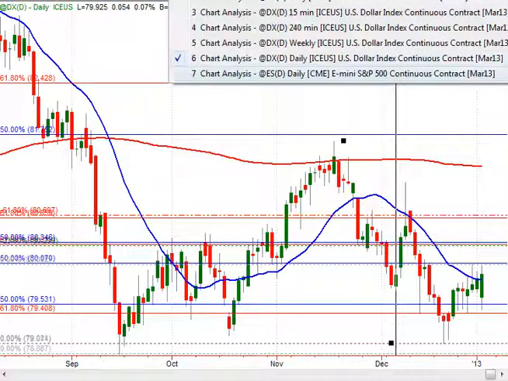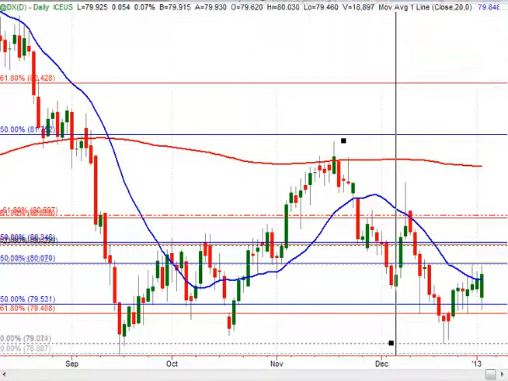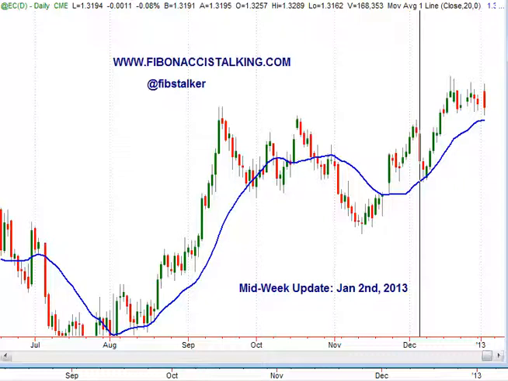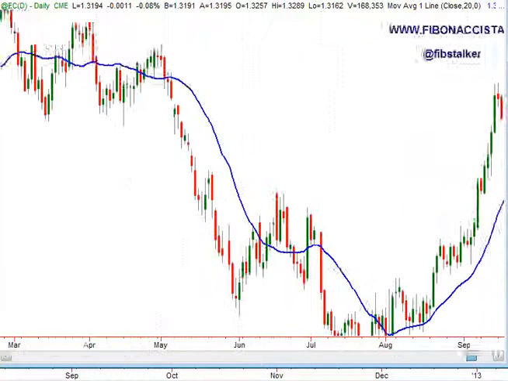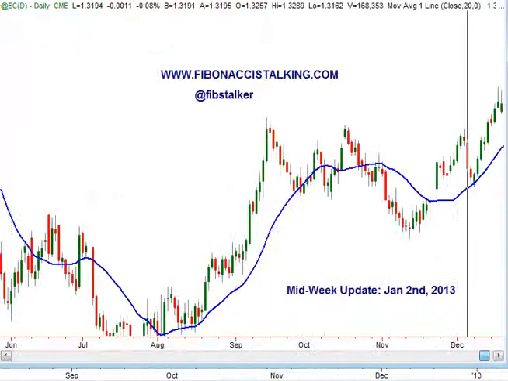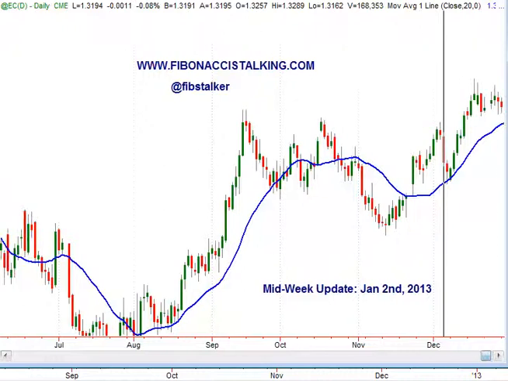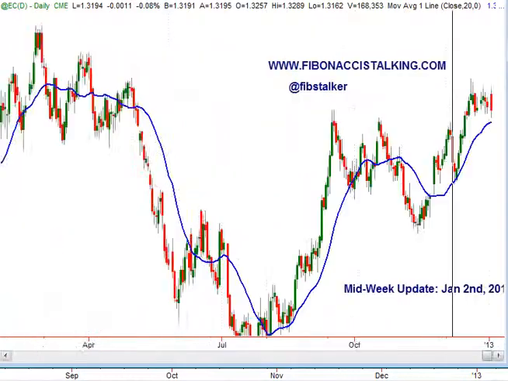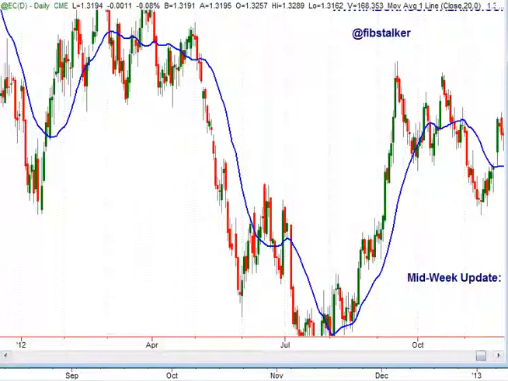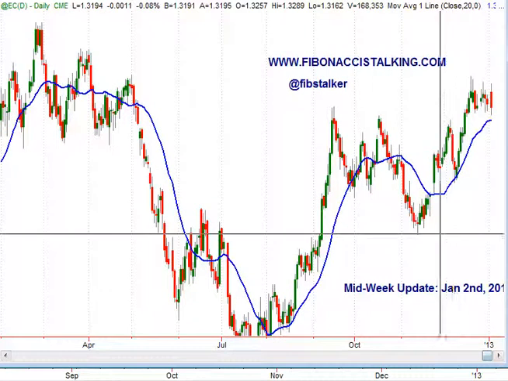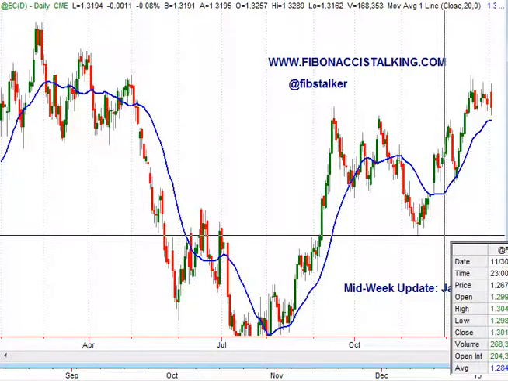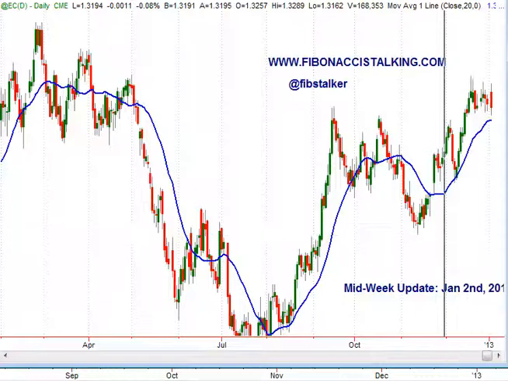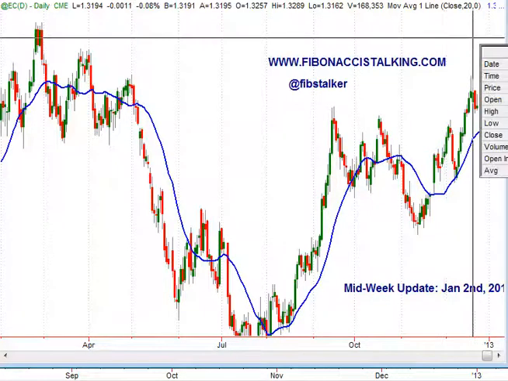Moving into the euro dollar, what you see on the screen is the daily chart. Those who follow me know that we identified a level of support recently, and this is located in the 126.80 area with a target in the 134.40 area.